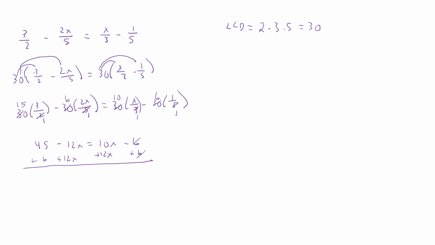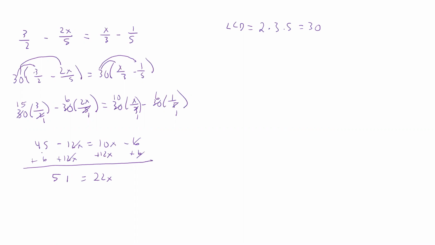So when I do that, those cancel, and I'm left with here 22x, and over here I'm going to have 51. Yeah, just 51.